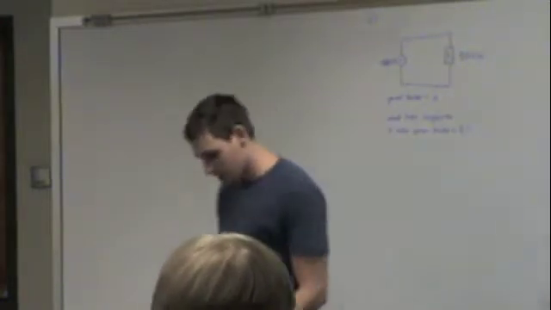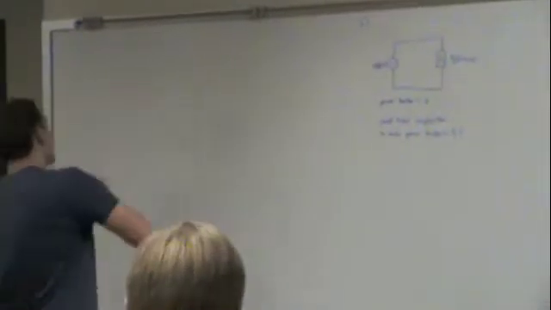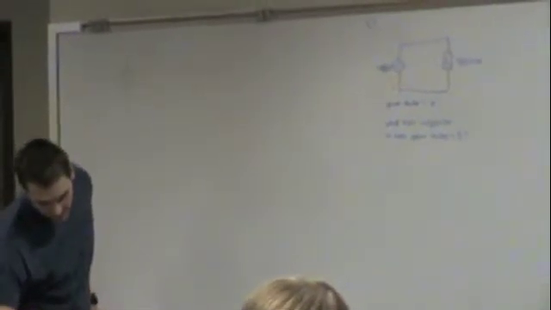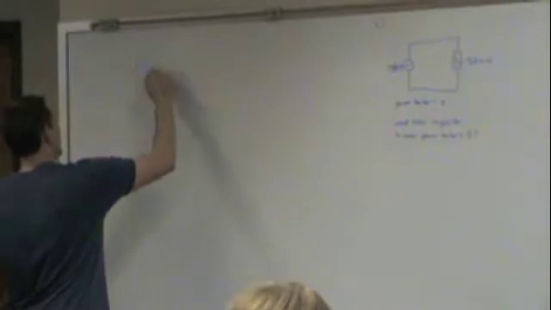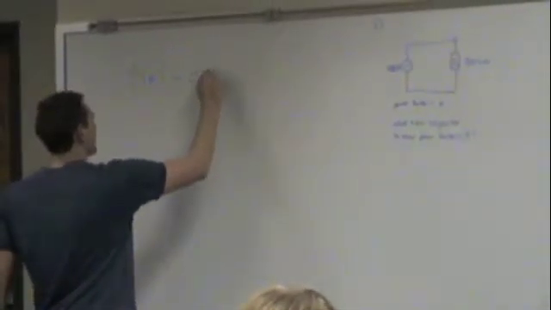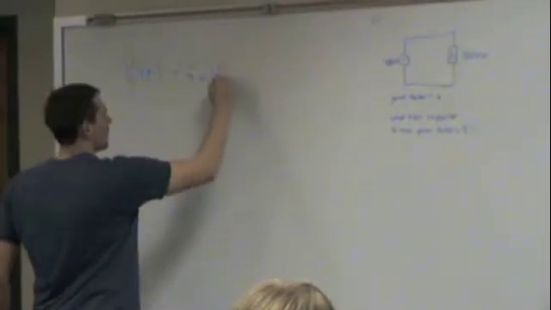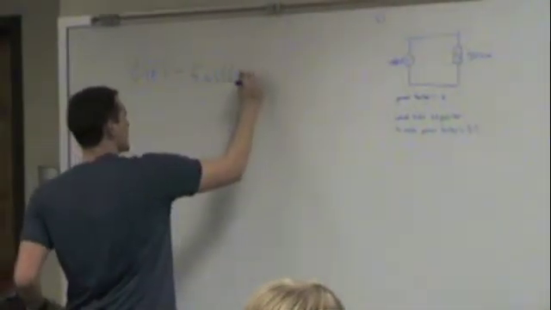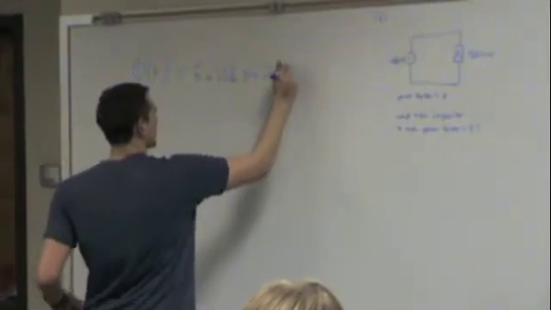Problem 17. The flux that links the primary and secondary coils of a transformer varies according to V of T equals 5 milliweber sine 377T.